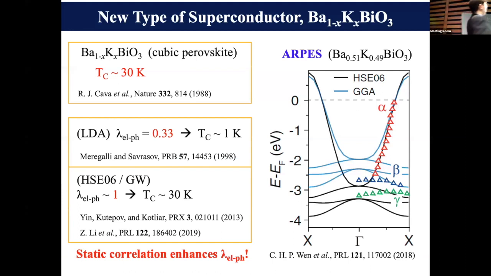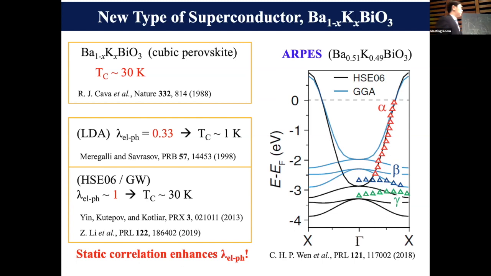Okay, so in 1988, potassium doped barium bismuth oxide was reported to show superconductivity with a transition temperature of about 30 Kelvin. The electron-phonon coupling constant lambda was estimated to be 0.33 in the LDA method. However, it is too small to explain the observed transition temperature.